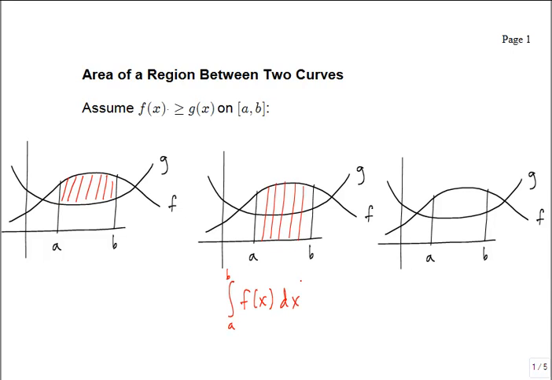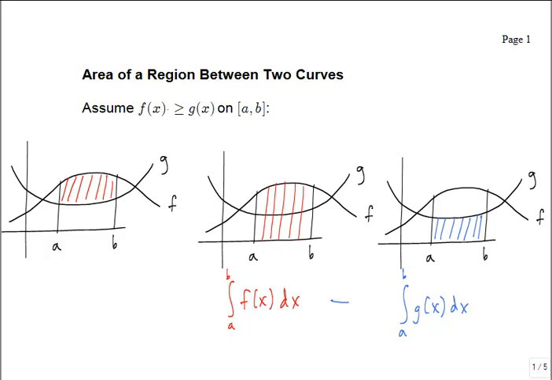And then we take from that the area under g, the lower curve, down to the x-axis, which is represented by the integral from a to b of g of x dx. Notice that this red area minus this blue area is exactly the area in between the two. So if I subtract these two integrals, that should give me the area between the two.